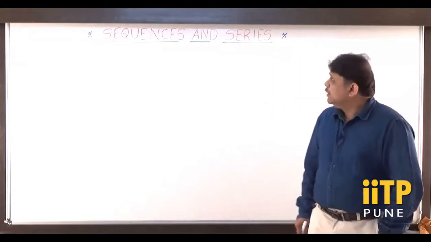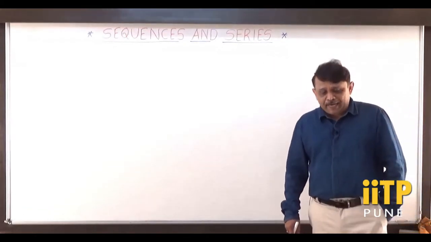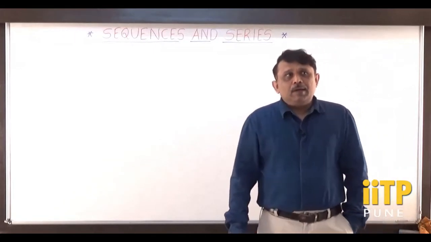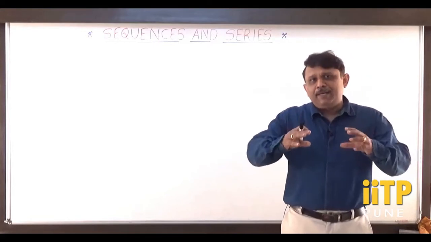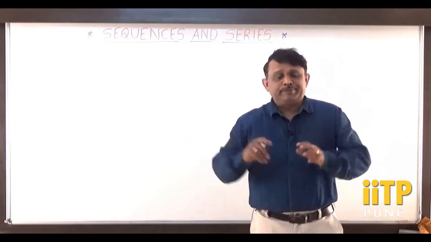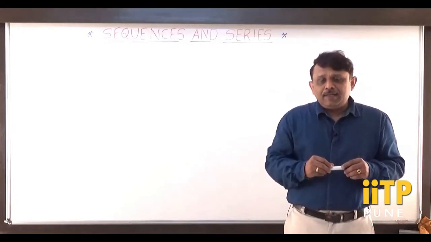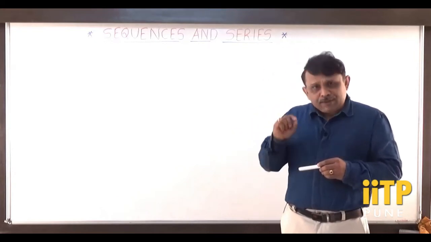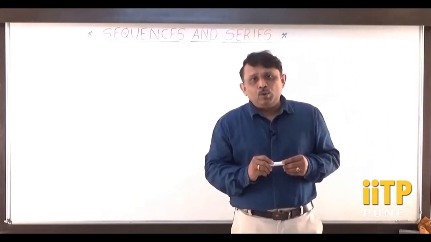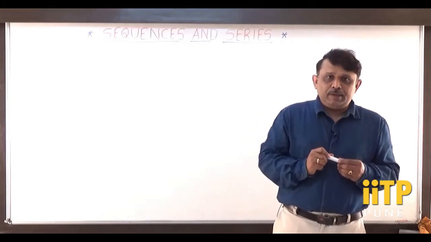Let's begin with the next chapter, which is called Sequences and Series. Basically, a sequence is an arrangement of elements written in a row. We can define a sequence in a different manner as a function whose domain is the set of natural numbers.